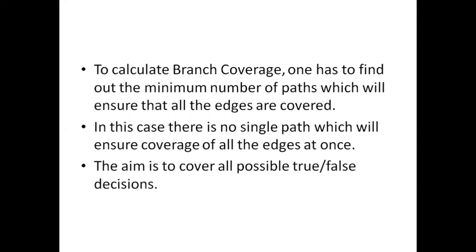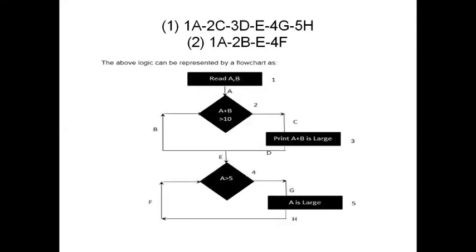So all the possible permutations and combinations of true and false decisions. What if something true happens? What if something false happens? So, like that, over here we are getting two paths for this program. Means positive and negative both. Both, absolutely. Okay. Shall we move ahead?